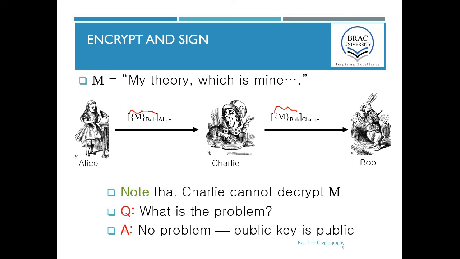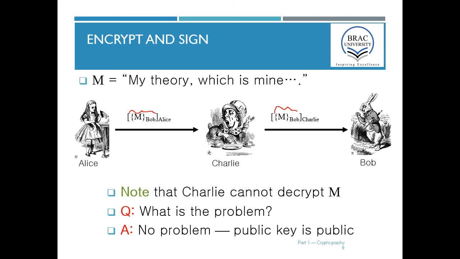So what will Bob think? Bob will think that this message actually came from Charlie, not from Alice. Then he may give a promotion to Charlie, because he seems to have a great idea and created this theory. So Charlie actually gets some promotion.